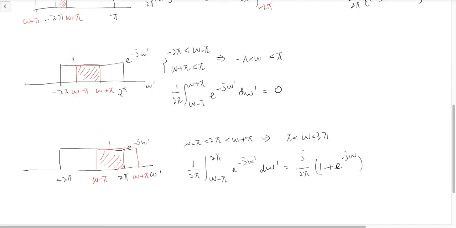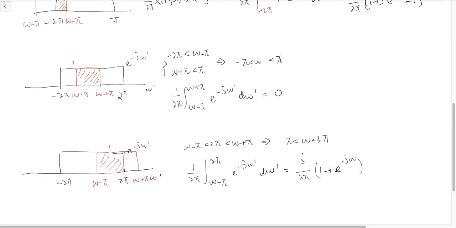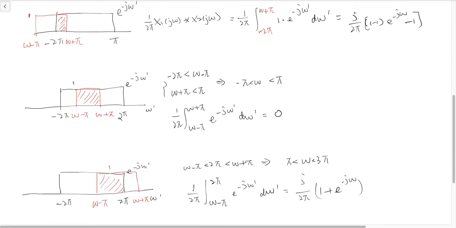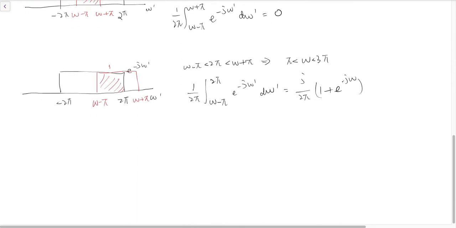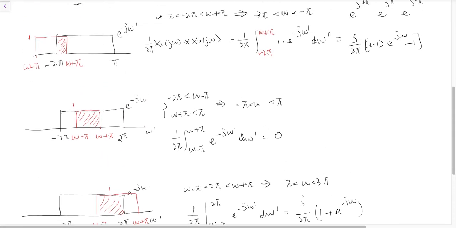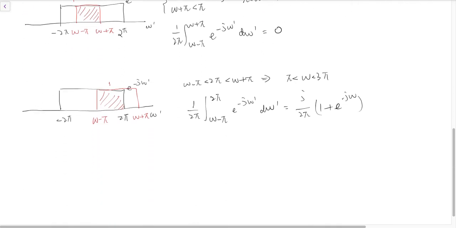The calculation part is not hard. If we represent our final answer, from negative 3 pi to negative pi, we have this answer. From pi to 3 pi, we have this answer, and otherwise it will be 0.